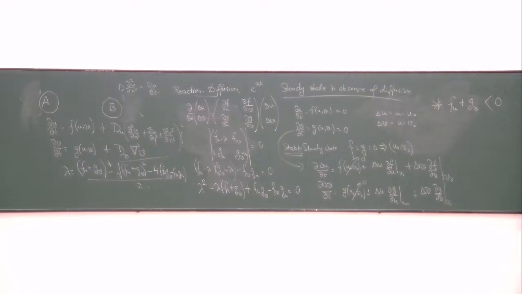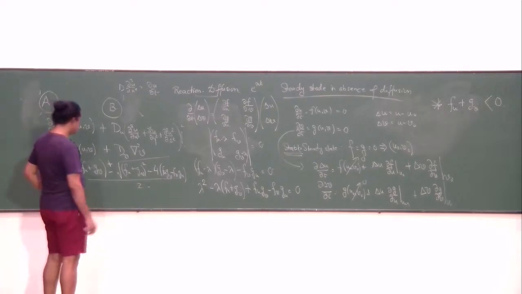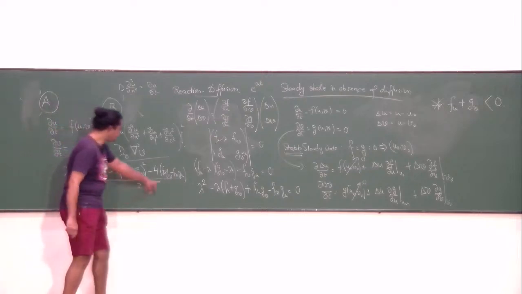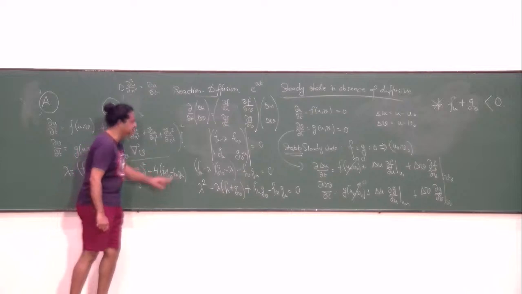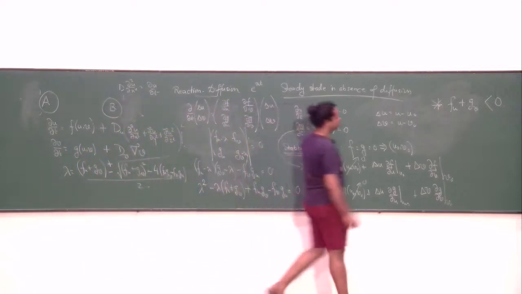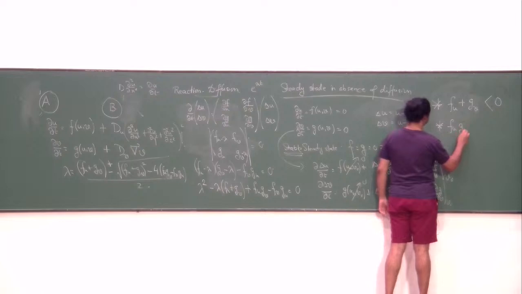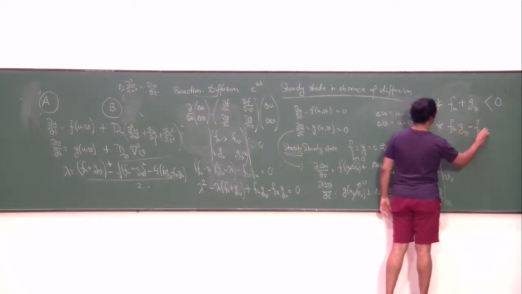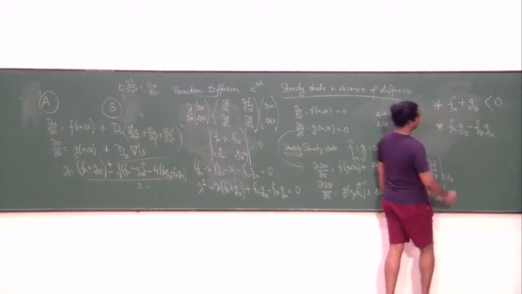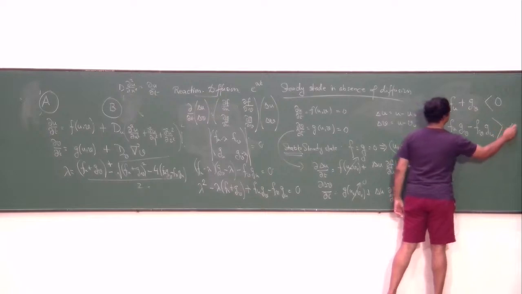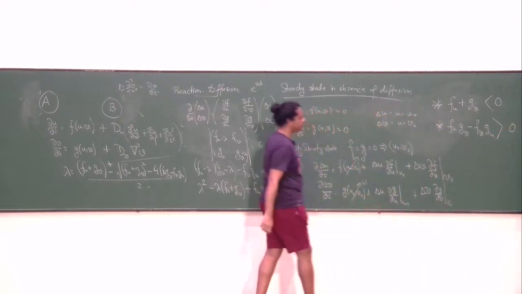Yes? That's clear. Okay. So, therefore, the additional condition, the second condition, is that this determinant Fu Gv minus Fv Gu needs to be positive.